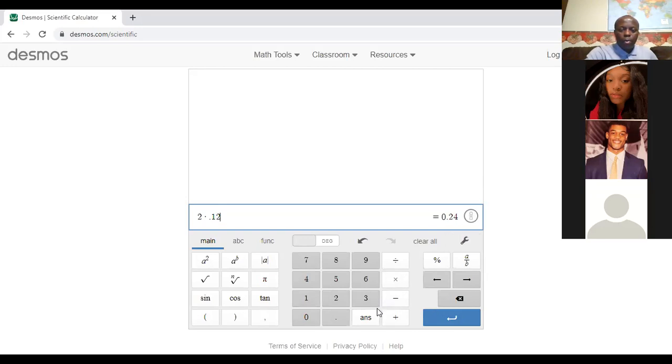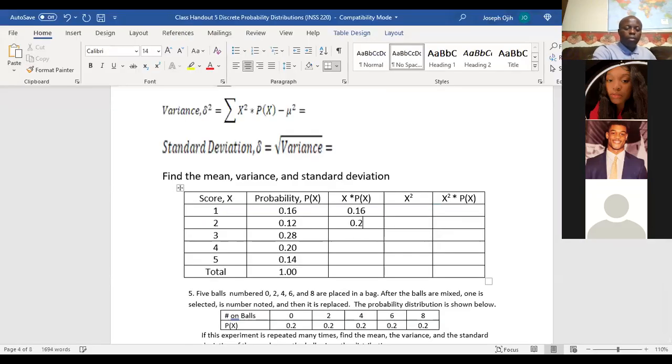So we go there and put 0.24. You follow the same process for all of them.